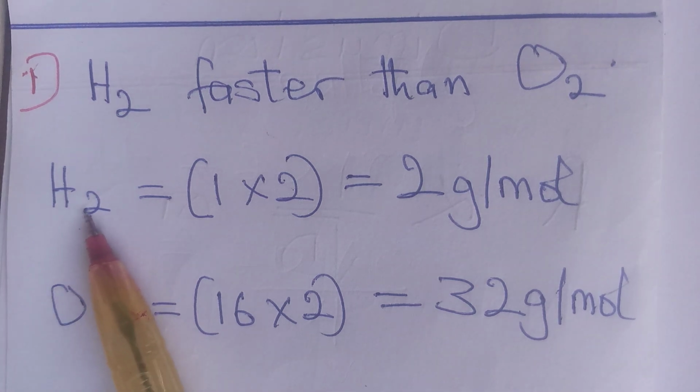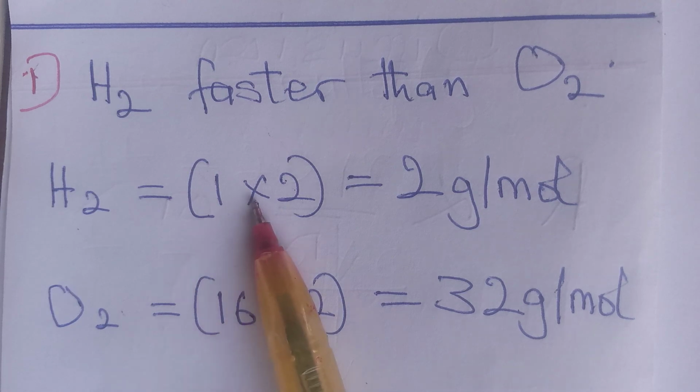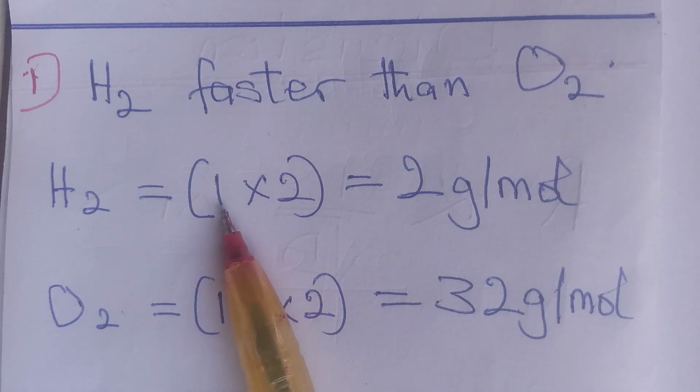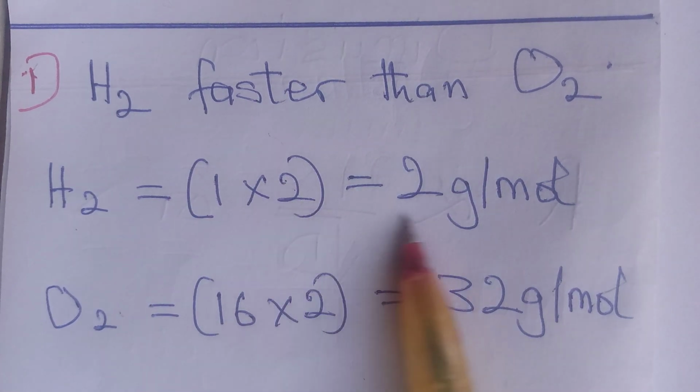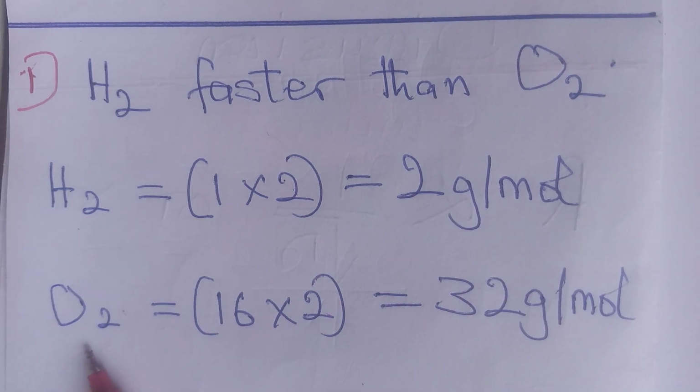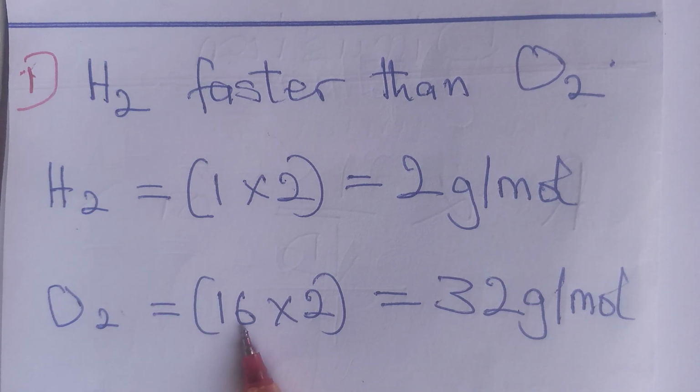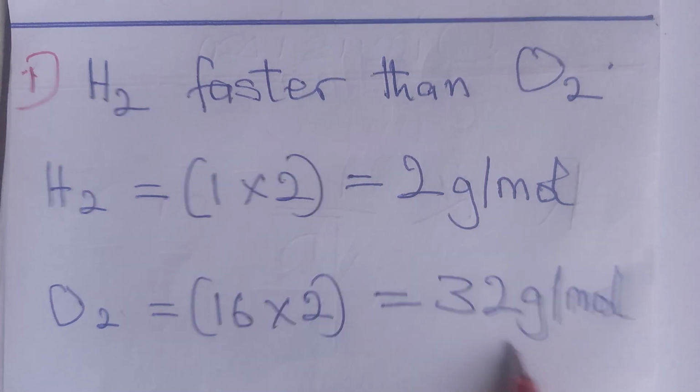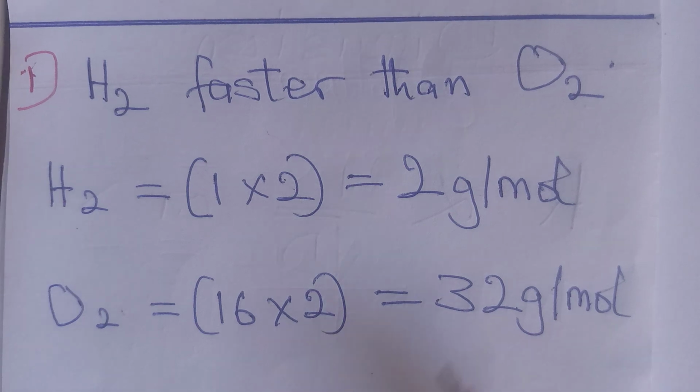For instance, hydrogen gas is a diatomic gas, so it will be the relative molecular mass of one atom of hydrogen times the two atoms. That will give us 2 grams per mole. Then oxygen gas again is also diatomic. It will be 16, the relative molecular mass of one atom, times 2, and that gives us 32 grams per mole.